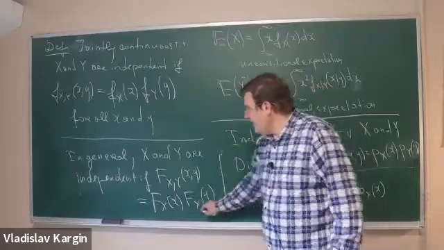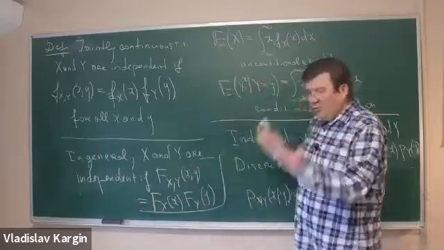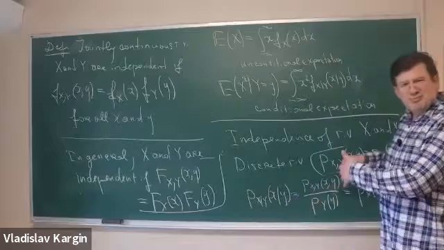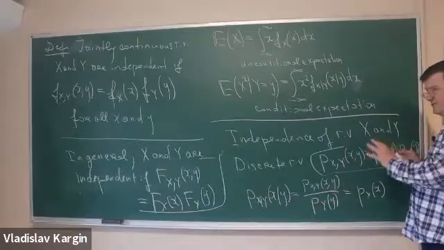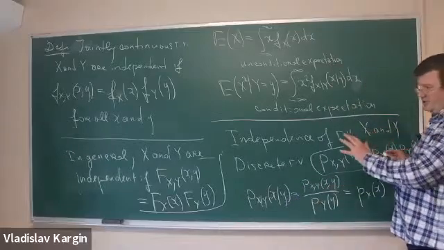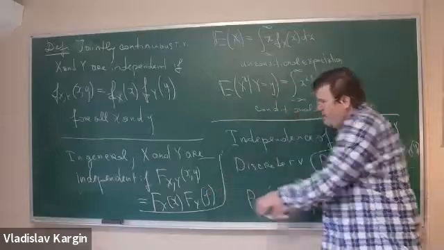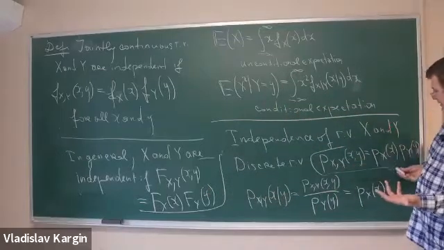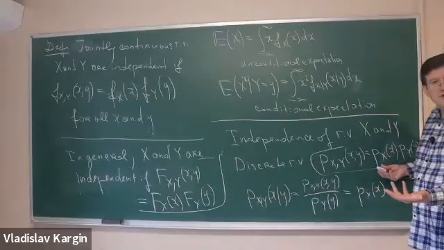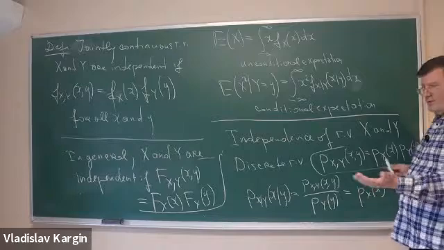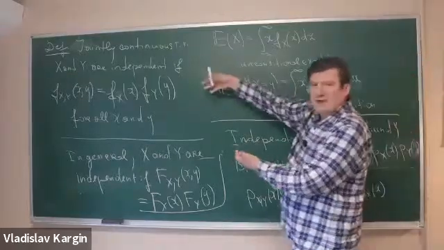And so this is the most general definition, and it's possible to prove that they are all in agreement. If this is true for two discrete random variables, then it implies that the earlier definition holds. All these definitions are in agreement with each other.